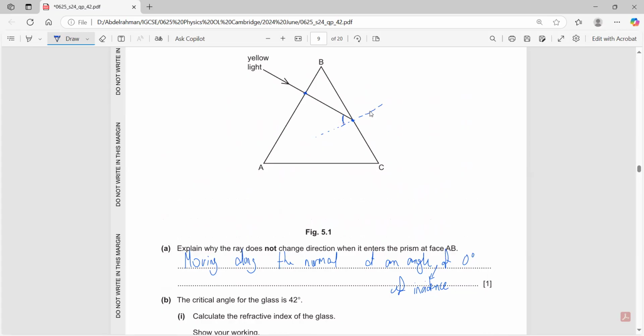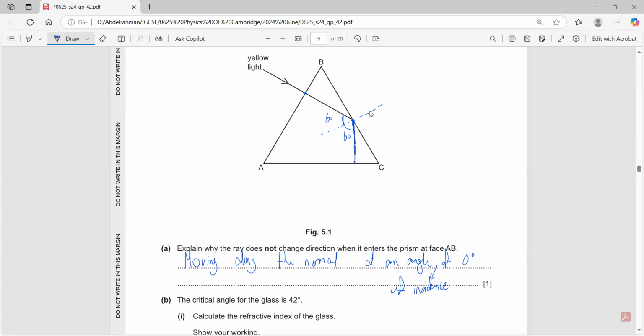It would be 60, which is greater than the critical angle. Therefore, total internal reflection would happen. It will be reflected at an angle of 60.